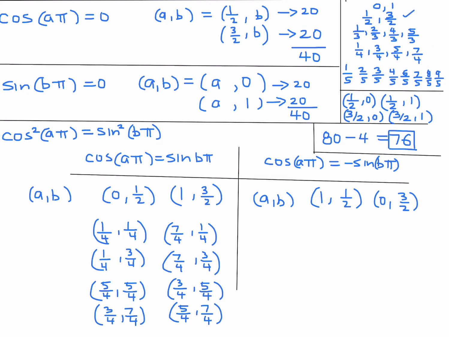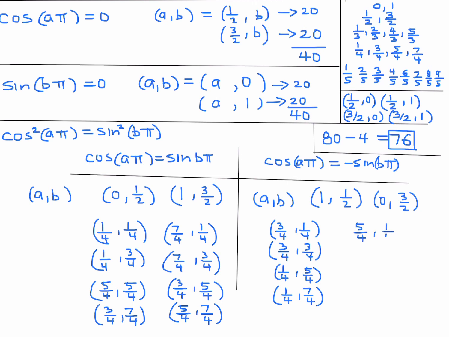And now we concentrate on that row, and we get another 8: 3/4 and 1/4, 3/4 and 3/4, 1/4 and 5/4, and then we have 1/4 and 7/4, 5/4 and 1/4, 5/4 and 3/4, 3/4 and 5/4, and finally 7/4 and 7/4.